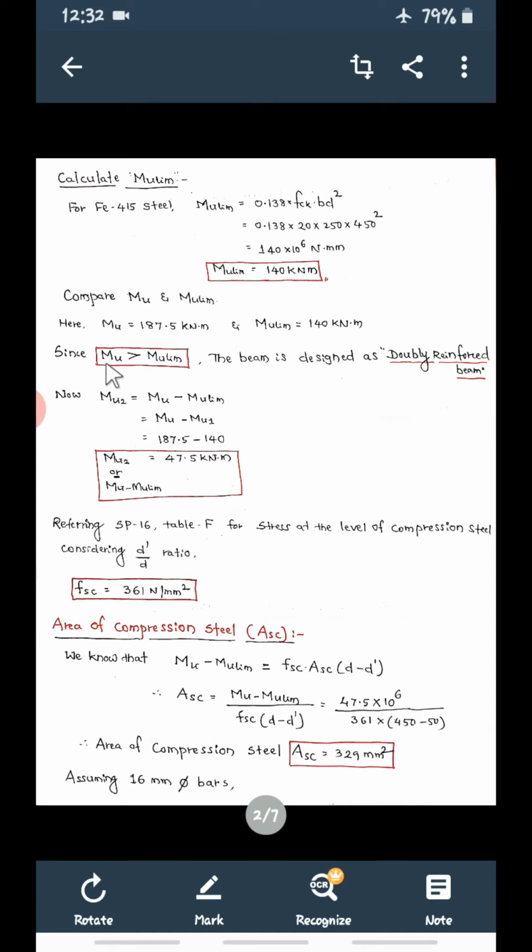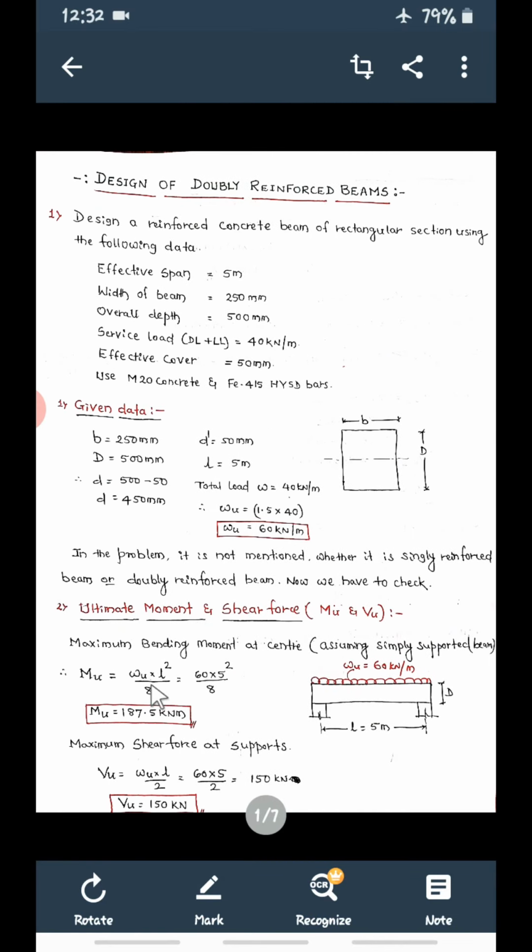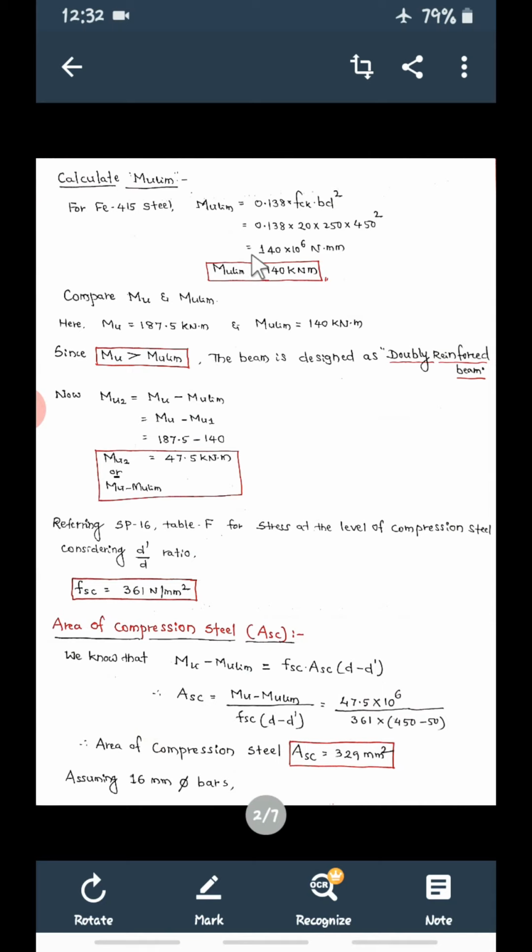Now compare this Mu with Mu limit. Which is more? Mu is more than Mu limit. The bending moment you have calculated is more than the Mu limit. So automatically it indicates that, since Mu is greater than Mu limit, the beam is designed as a doubly reinforced beam.